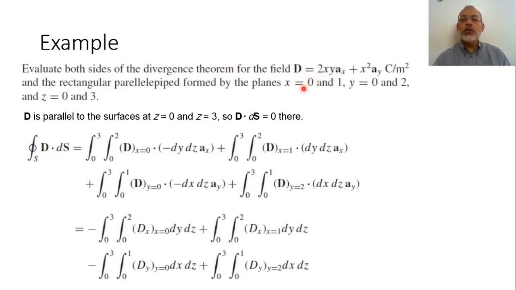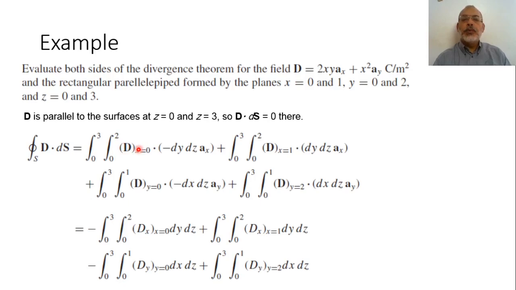So we apply this value here: 0 multiplied by ax, so D at x equals 0 is 0. Effectively, the integration on this surface will be 0.